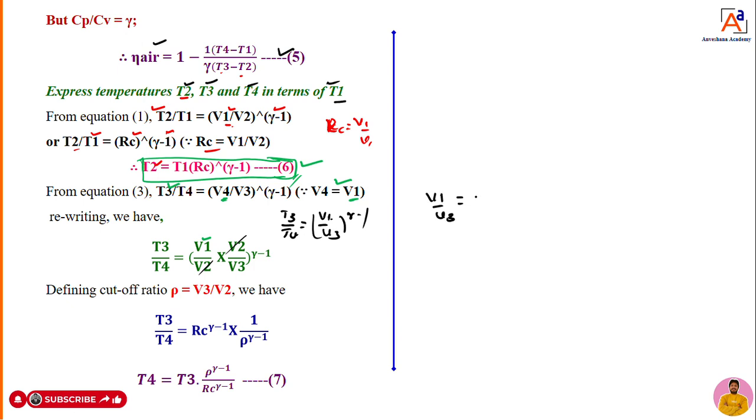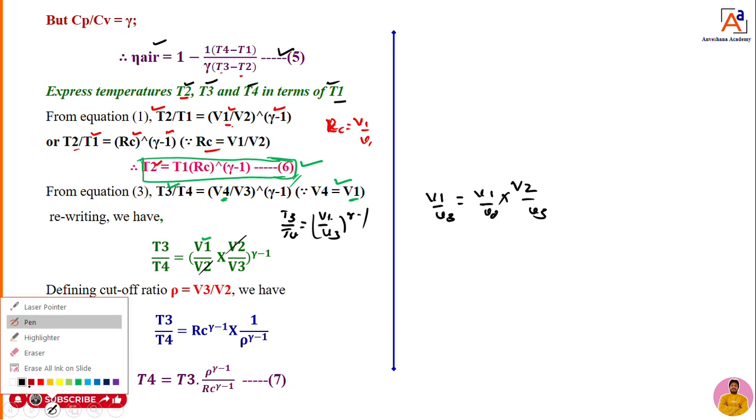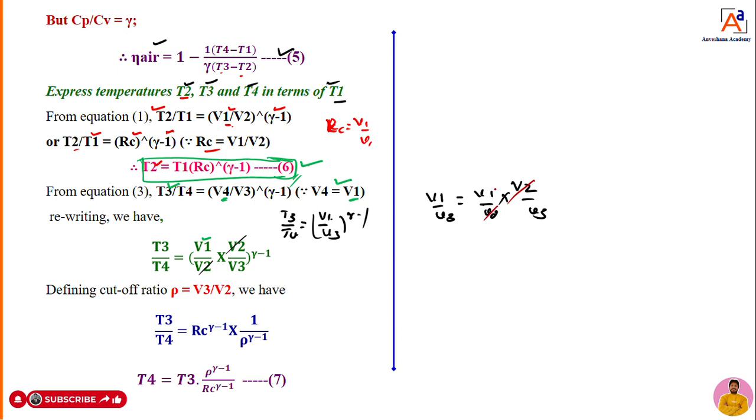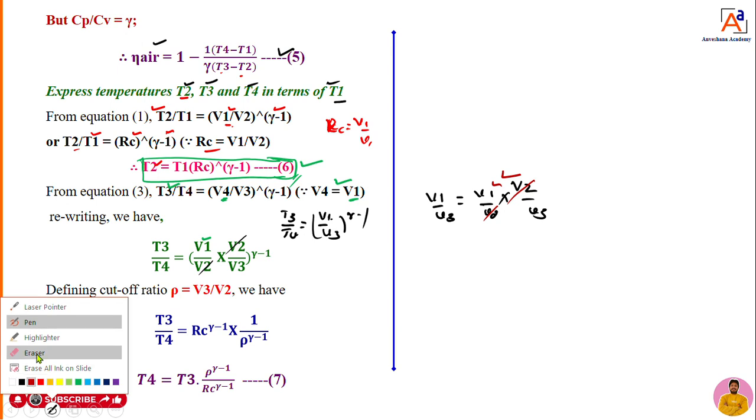For better simplification, I can write V1 by V3 as V1 by V2 multiplied by V2 by V3. The same thing I have done here, dear students.